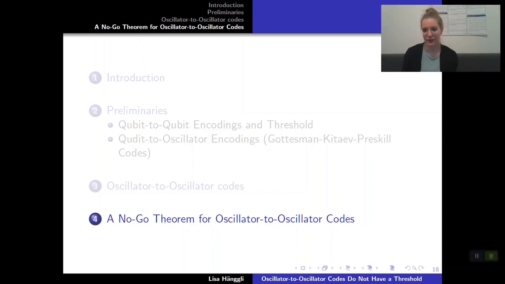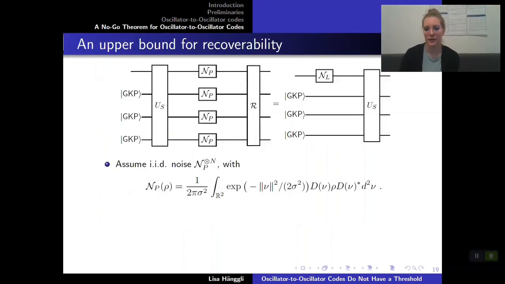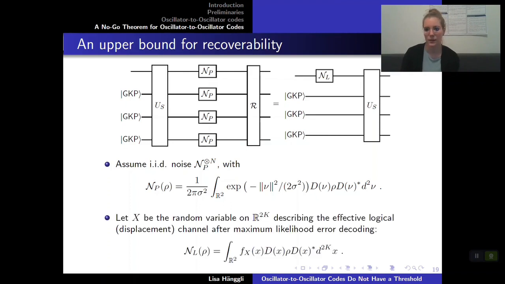And to see this, we studied the recoverability of these codes under random Gaussian displacement noise and maximum likelihood error decoding. And as in the qubit case, we are ultimately interested in the resulting or effective error channel, which in this case is again a displacement error channel acting on the logical modes and which can be described by the random vector x, which corresponds to the distribution of the displacements.